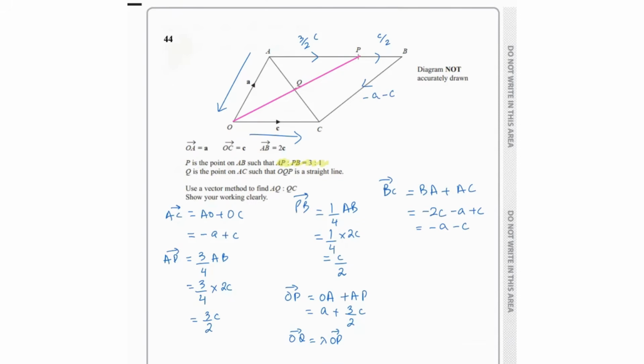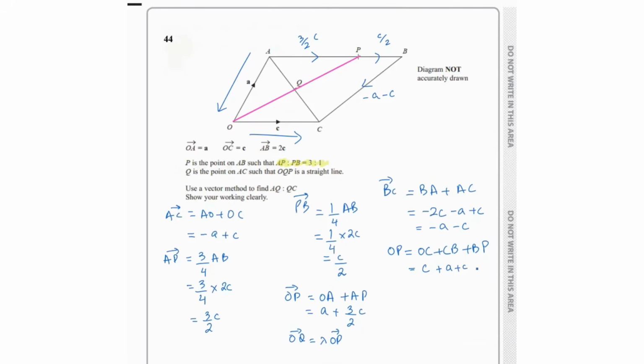So I'm going to use the BC equation, PB and OC to find an equation for OP, and then using that, I'll create another equation for OQ. So OP is going to be OC plus CB plus BP. So that's C plus A plus C. We're changing the direction, so the sign changes.